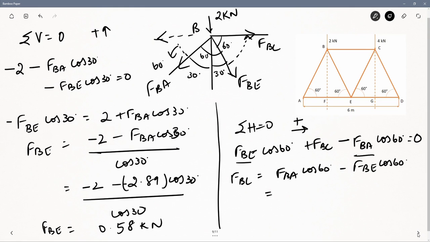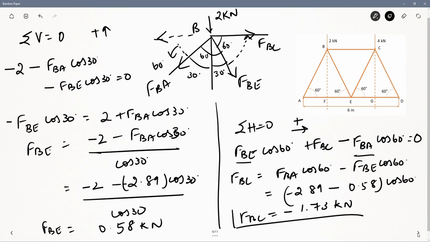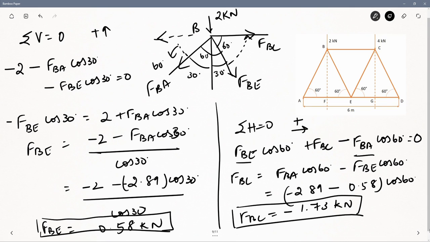So FBA would be minus 2.89 minus FBE, which is 0.58, total of cos 60. The total value would sum up to be minus 1.73 kilonewton. Here again we found two different member forces. If you see, FBC is again compressive in nature because it has a negative sign prefix to it.